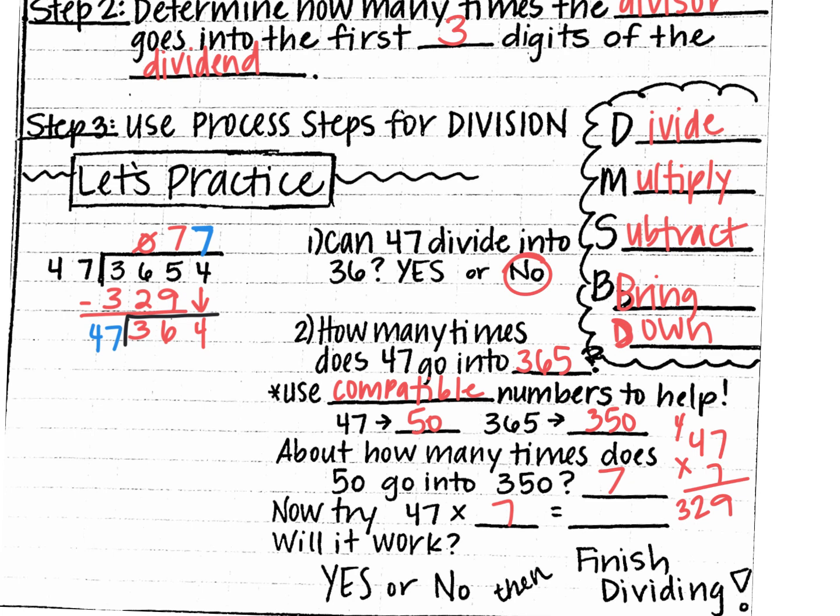Because I know that 47 times 7 is 329. So I'm doing the same thing. This time when I subtract, I have 35 left over. So that would be my remainder. So my answer is 77, remainder 35.